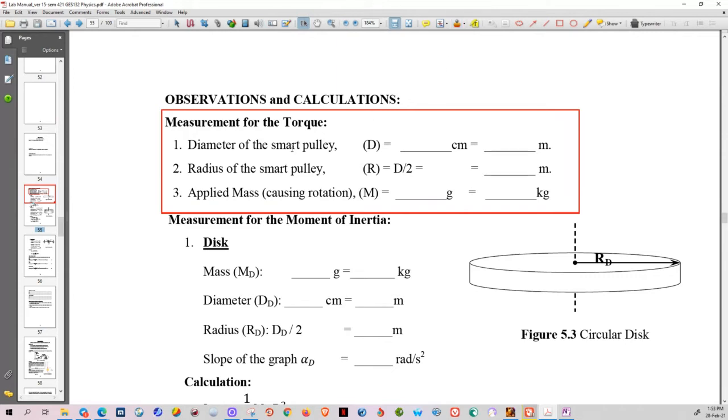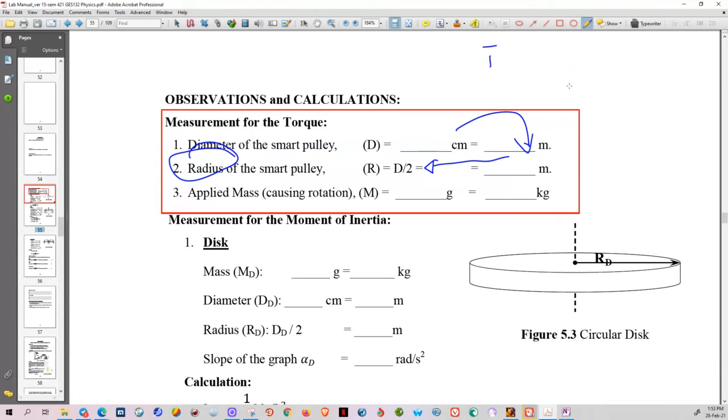So we have to measure first the diameter of the smart pulley. After that, we will change the value from centi to meter, and then divide by 2 to get the radius. Why radius? As I said, the inertia is equal to torque over alpha, and torque is equal to mass multiplied by gravity multiplied by radius.